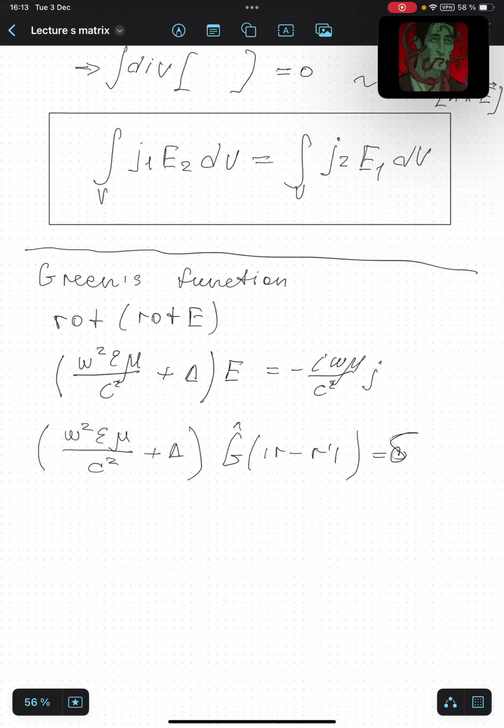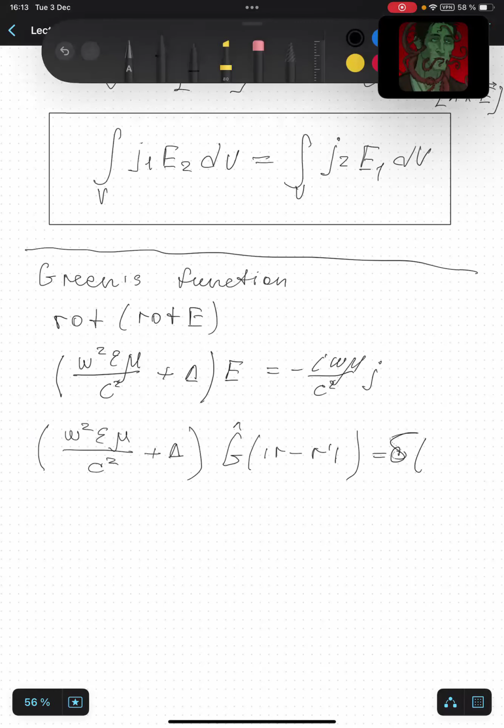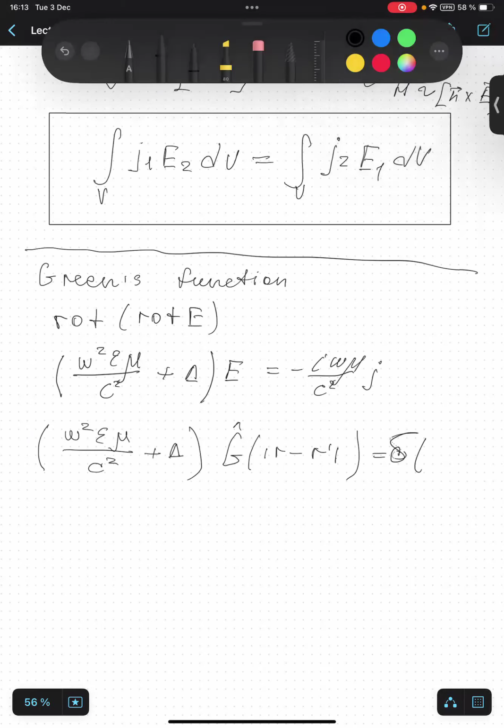It is just a delta function, delta of r minus r prime. It's just a well-known solution of the standard equation with sources through the Green's function.